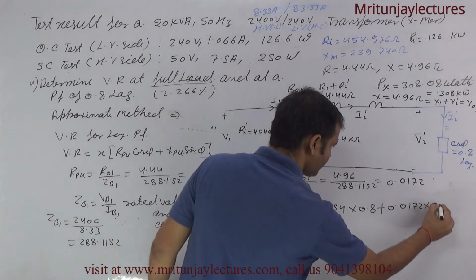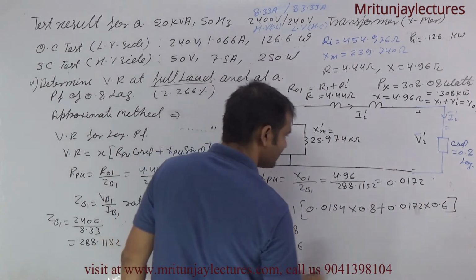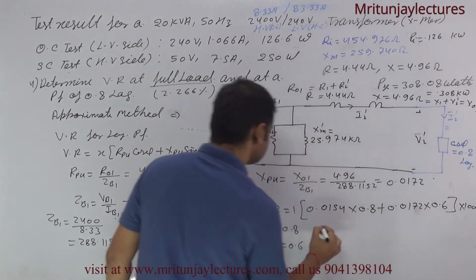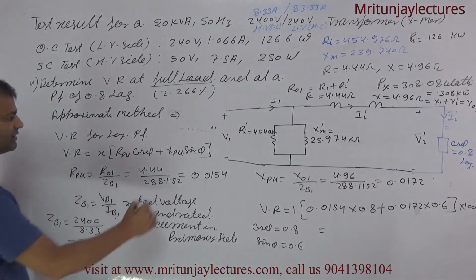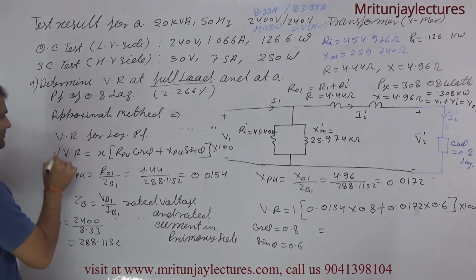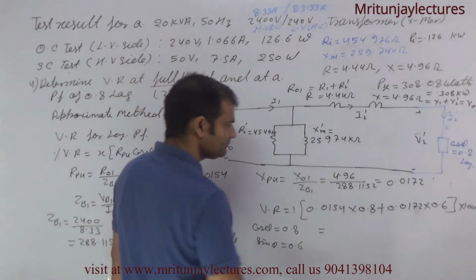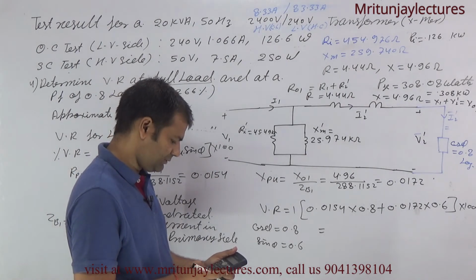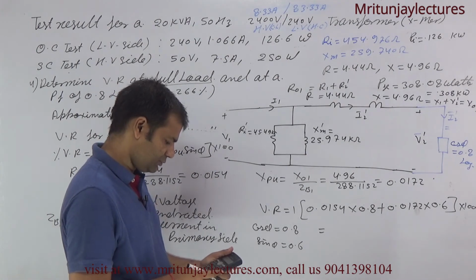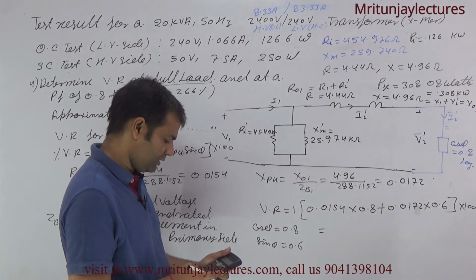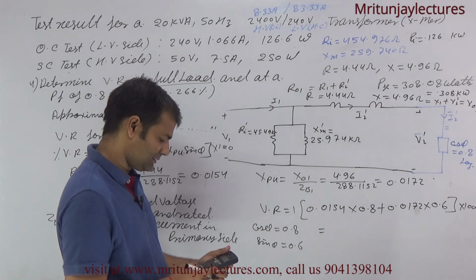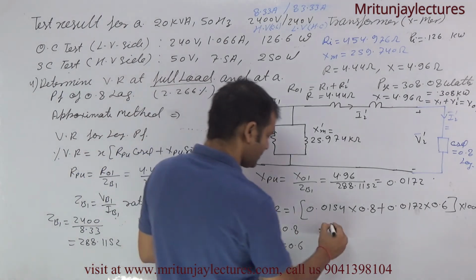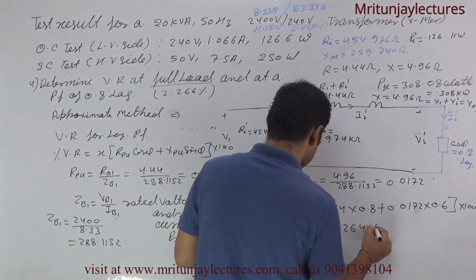Into 100 for percentage voltage regulation. So 0.0154 into 0.8 plus 0.0172 into 0.6, into 100, is 2.264%.